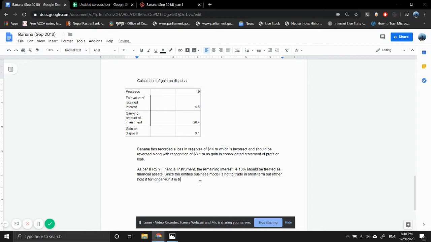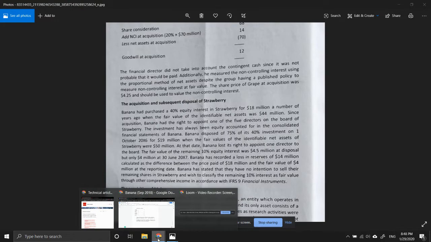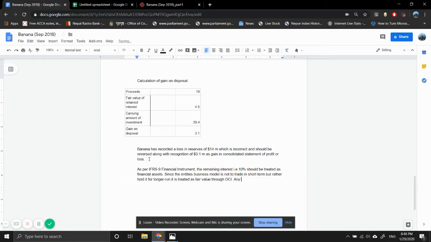It is treated as fair value through OCI. And something else: for fair value through OCI, any gains or losses are charged in OCI.